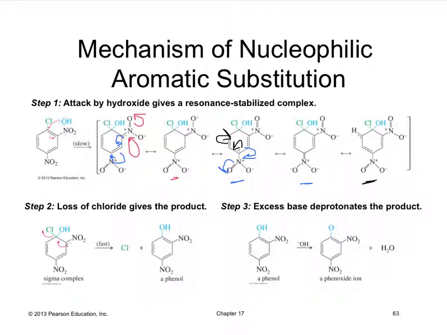Step 2 is the loss of chloride from this ring, in which now you have your electrons coming in, kicking this out, generating phenol. Phenol, in the presence of this OH minus, the base, will deprotonate, right? We'll pluck off that proton, generating phenoxide.